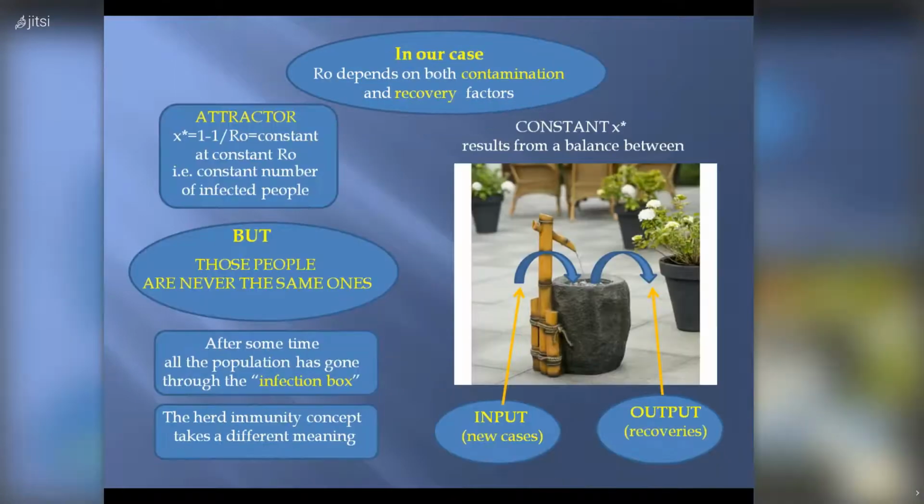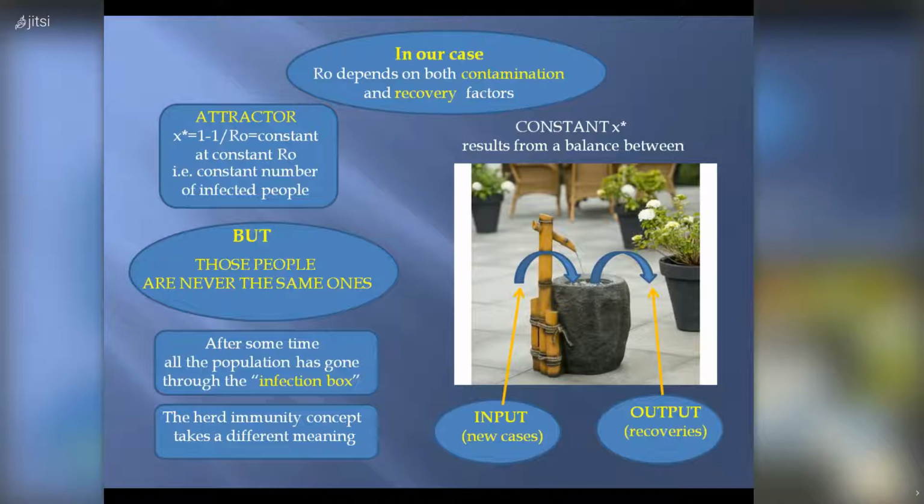Well, in the epidemics case, the situation is slightly different, because R0 depends on both contamination and recovery factors. When a uranium nucleus splits into pieces, there is no recovery for it. It's dead, that's it. But here, fortunately, when an individual is sick, he's contaminated, then he may recover. In most cases, he recovers or she recovers.